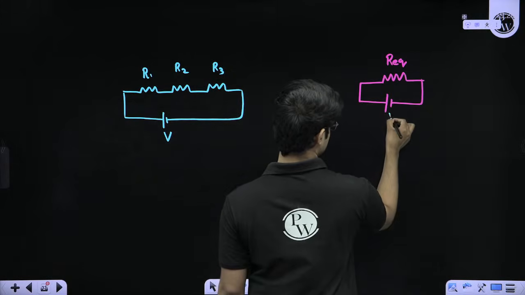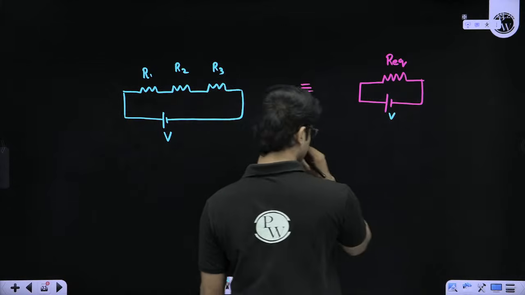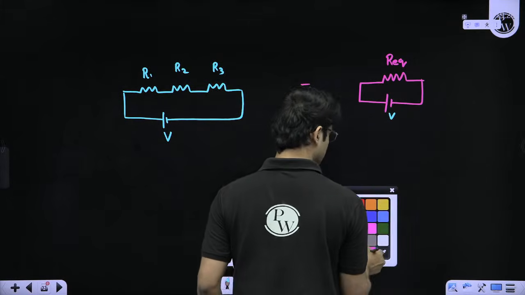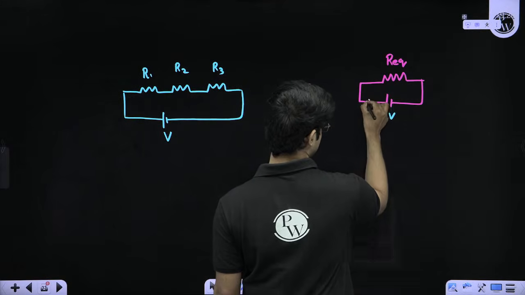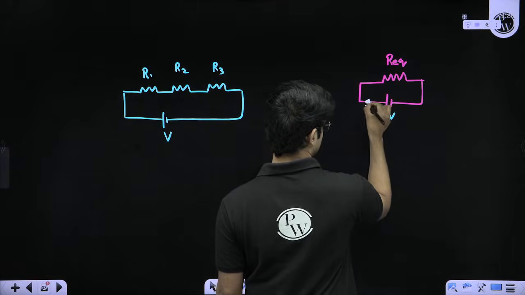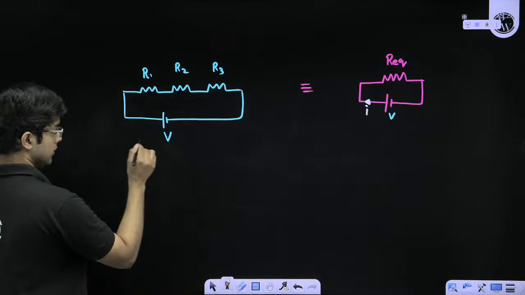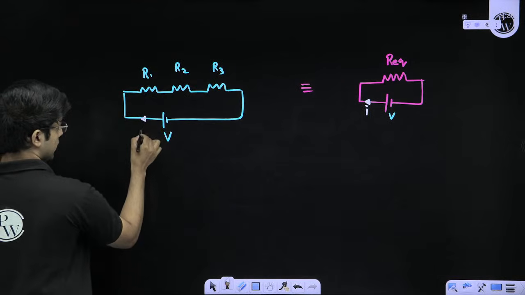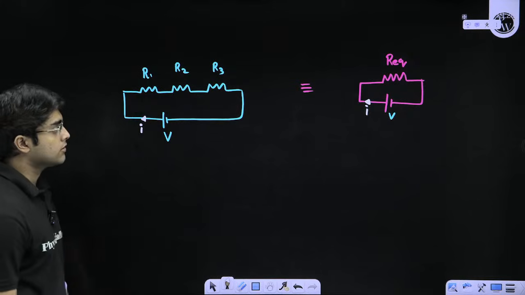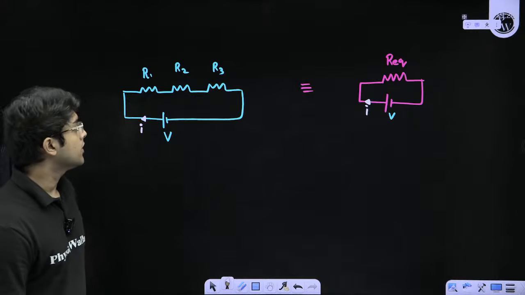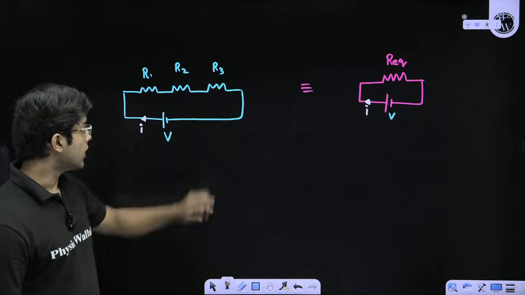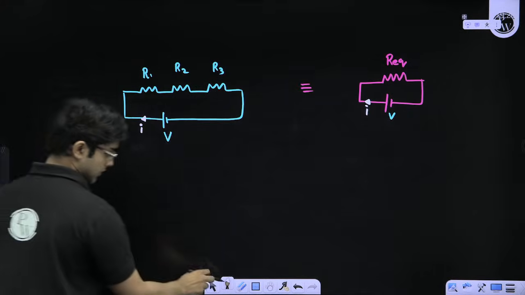If the battery's voltage is V, we want the current drawn from the battery to be the same in both cases. If the current in that case is I, the current in this case should also be I. That is the definition of the equivalent resistance. So R1, R2, R3 we want to replace with a single resistor.